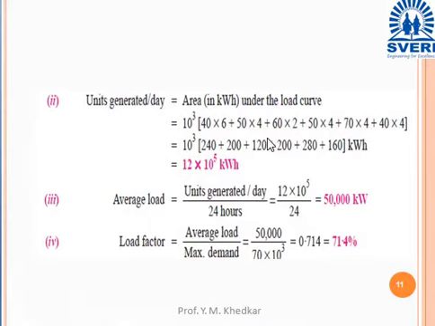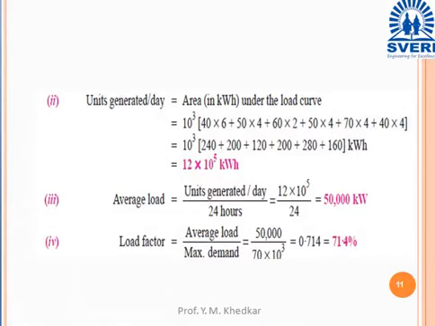Now the question may arise: where have 40 into 6 plus 50 into 4 come from? To calculate these we need to refer to the load curve which we have presented in the previous slide.